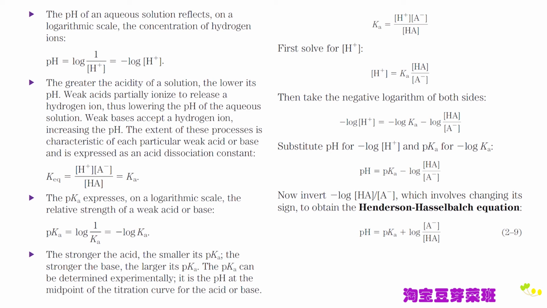So Ka equals the concentration of hydrogen ions times the concentration of the ionized form of the weak acid, divided by the concentration of the unionized form of the weak acid. As for pKa, we just change it into the log form. So pKa equals negative log Ka.